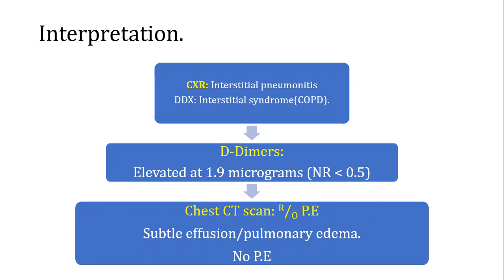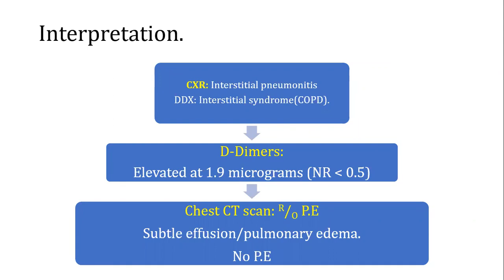And immediately, a chest CT scan was sent for to rule out pulmonary embolism. And what returned back, there was no sign of pulmonary embolism. Instead, there was some small effusion and pulmonary edema. That is what the CT scan brought back.